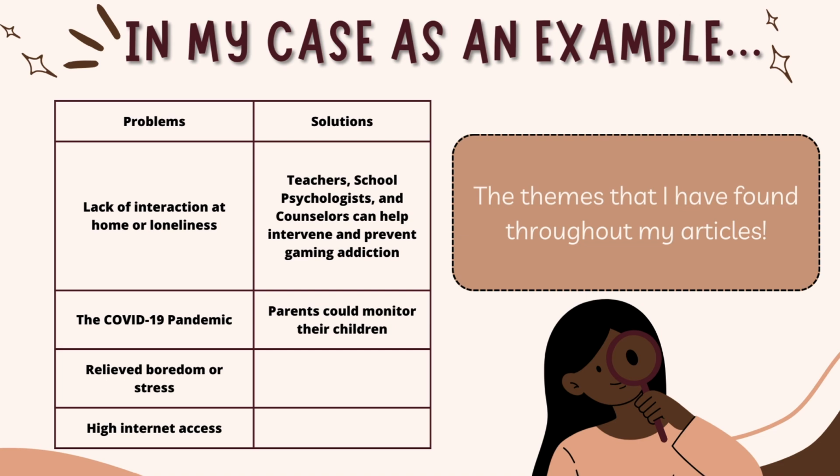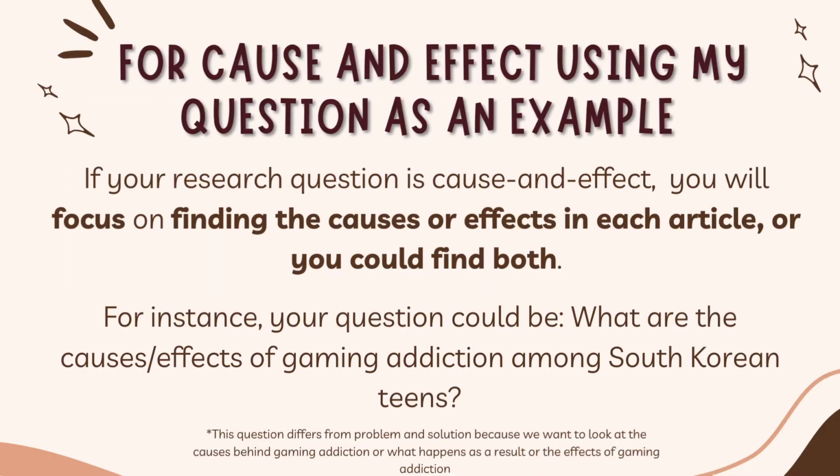These are some of the themes I found throughout my articles, such as the problem of lack of interaction at home or loneliness, the COVID-19 pandemic, how it relieved boredom or stress, and high internet access. So some solutions could be that teachers, school psychologists, and counselors can help intervene and prevent gaming addiction, and parents could monitor their children.